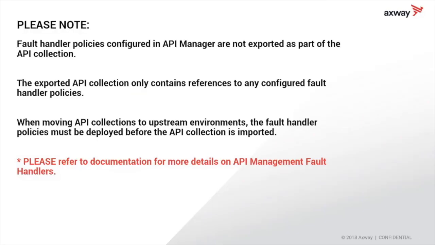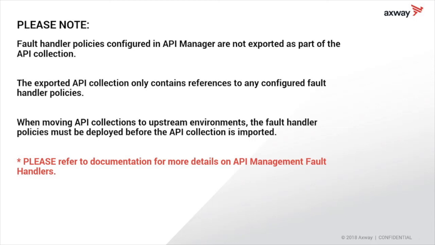I have to note that fault handler policies configured in API Manager are not exported as part of the API collection, in the same way that custom request, routing, or response policies are not exported. The exported API collection only contains references to any configured fault handler policies, so the policies themselves remain in the API Manager configuration.